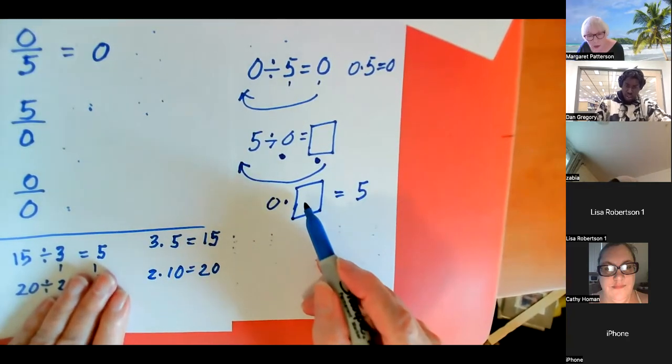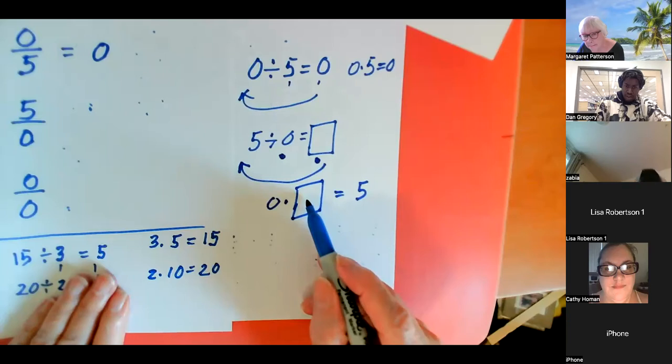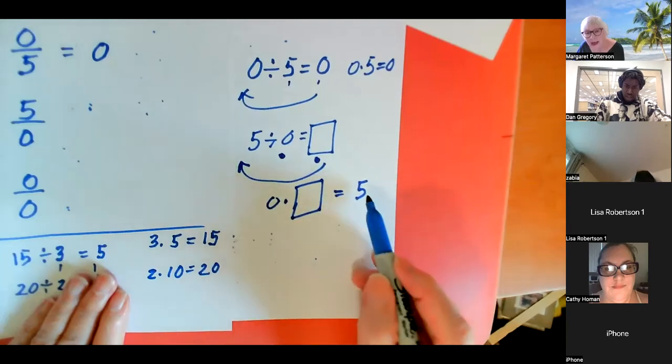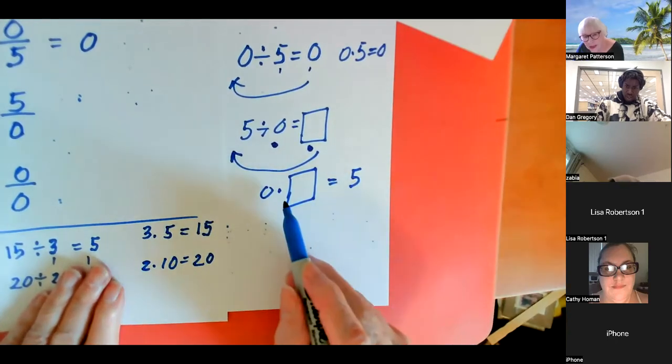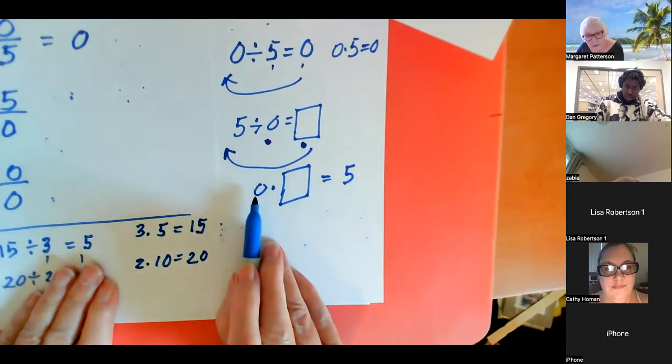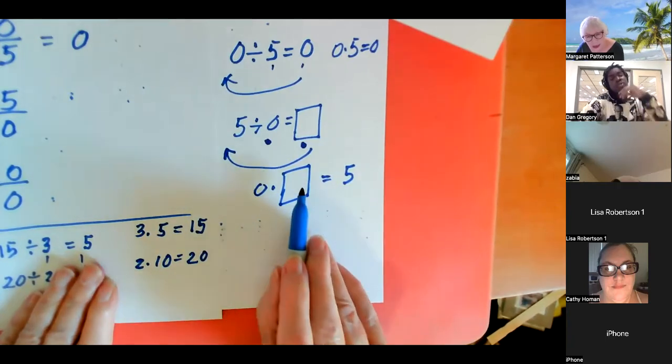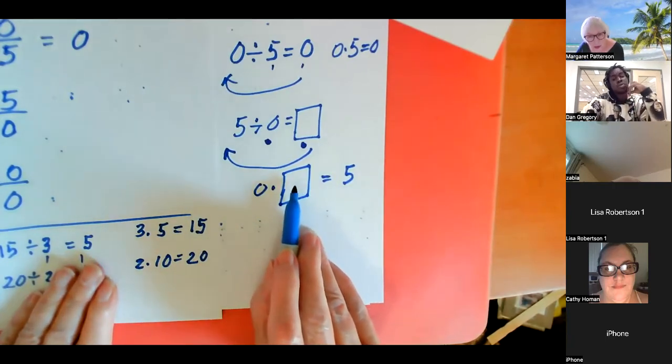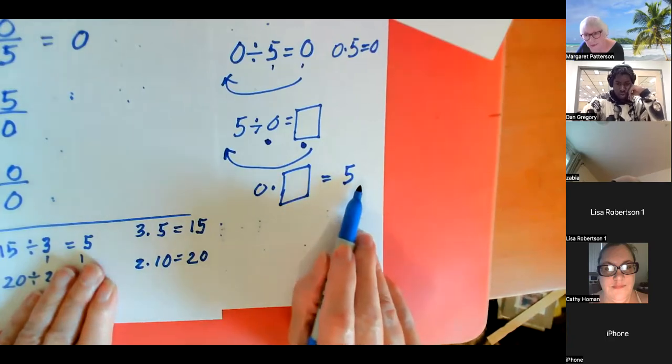What number works? 5? 0 times 5 is 0. 0 times -5? 0 times anything is 0. Is it 0 still? No, because there's no way to get it back to 5. Once the first one is 0, 0 times anything in the world is not going to be 5. It's going to be 0, right?